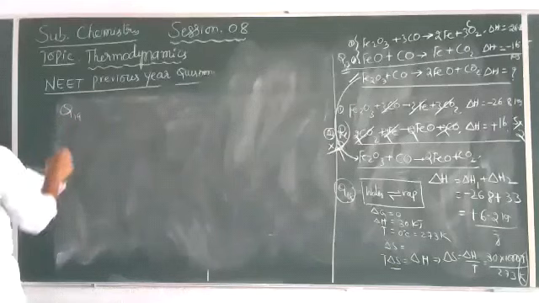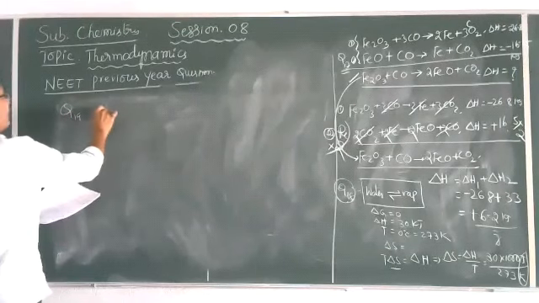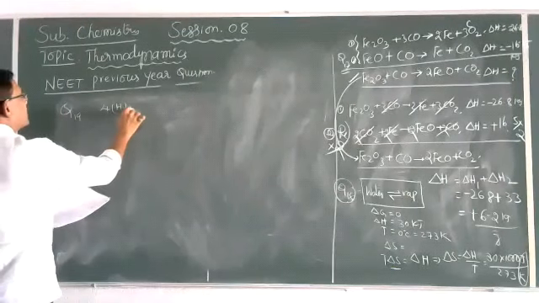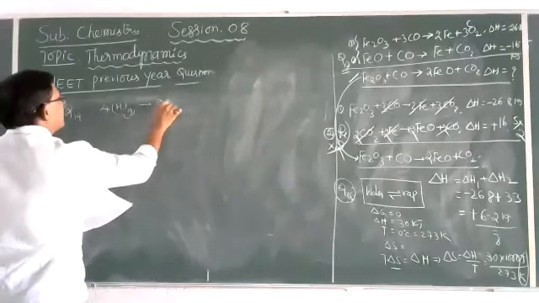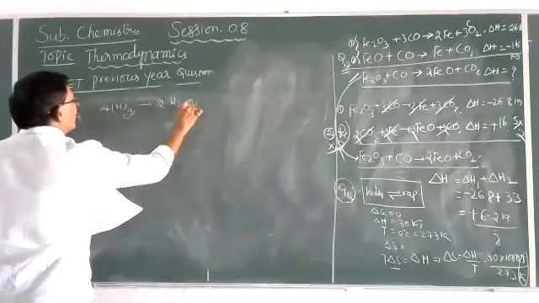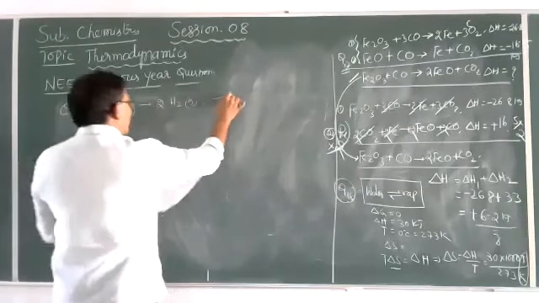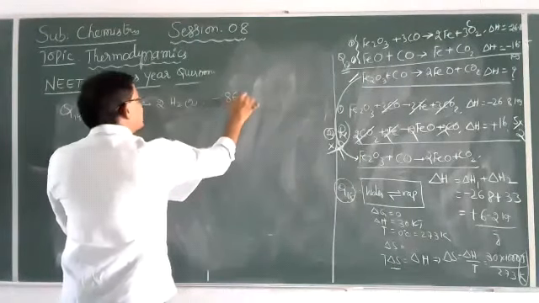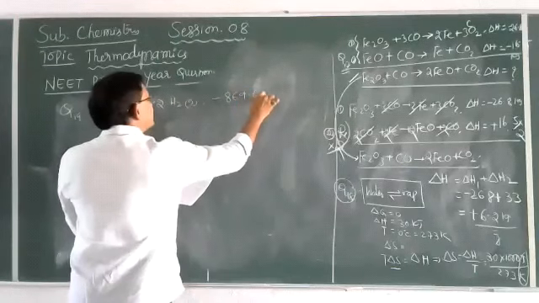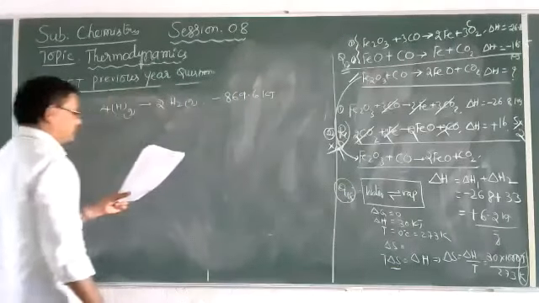Question number 19. Here, 4 hydrogen atoms in gaseous state are converted into 2 H2 molecules. Their value is given as minus 869.6 kilojoules per mole.